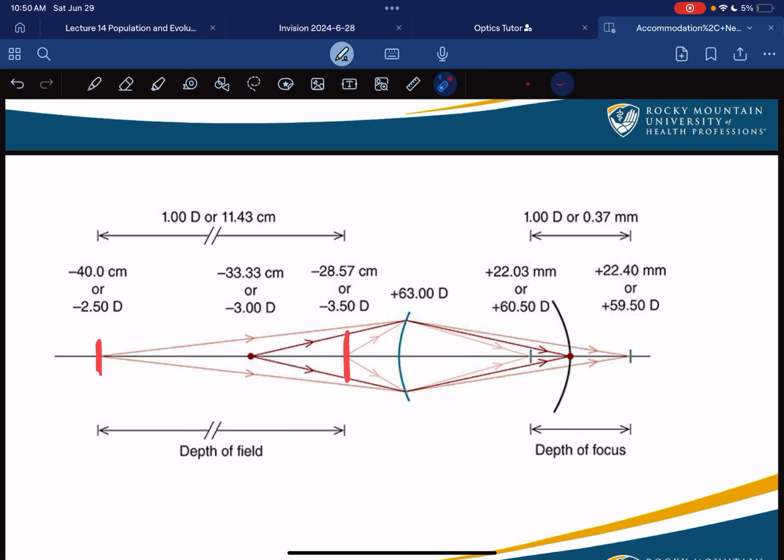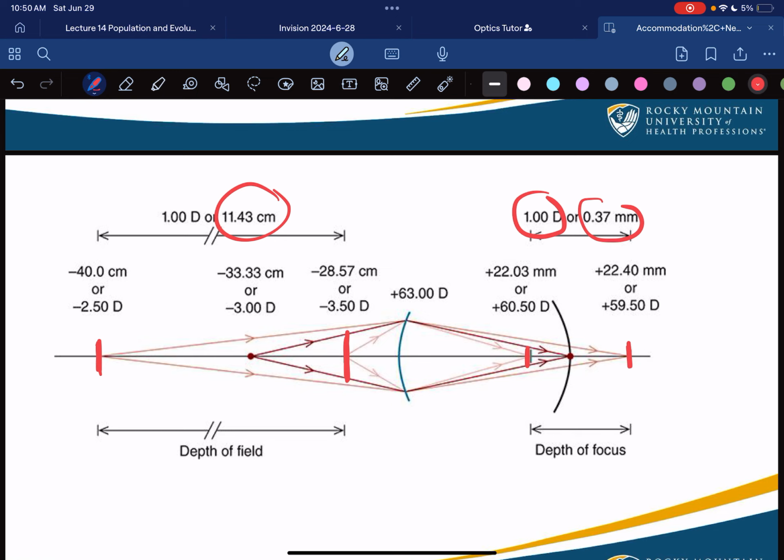Okay, so if we look over at the depth of focus for the retina, that range is from here to here, and that depth of focus is still 1 diopter. However, the distance is 0.37 millimeters, whereas over here it's 11.43 centimeters.